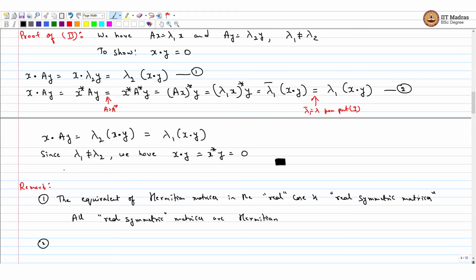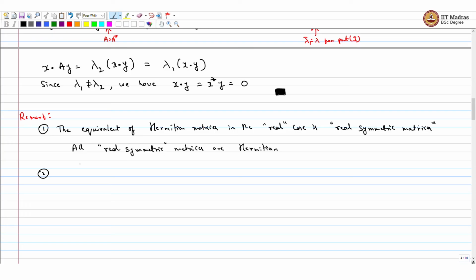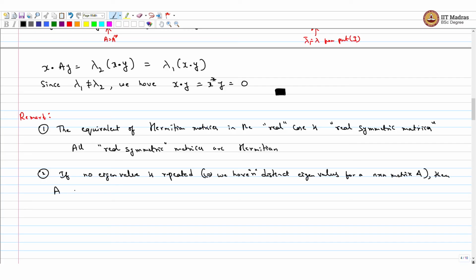The second thing is, if no eigenvalue is repeated, that is, you have n distinct eigenvalues for an n cross n matrix A, then A is diagonalizable.